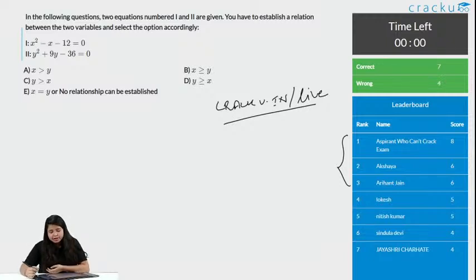Nitish Kumar, sure, we will try making it 20. Thank you, you liked it. Hi Creative Satya, welcome back.